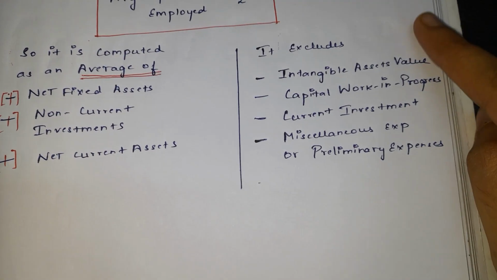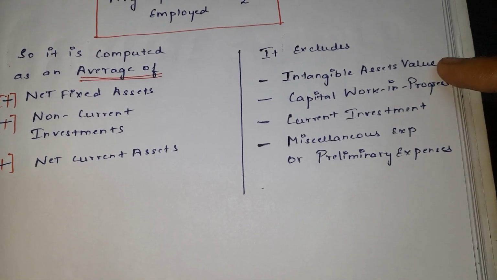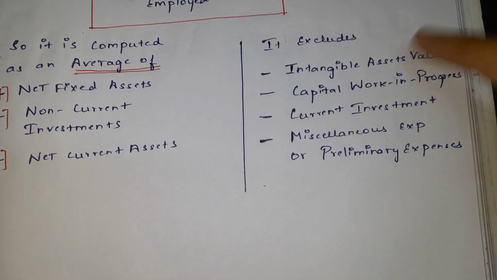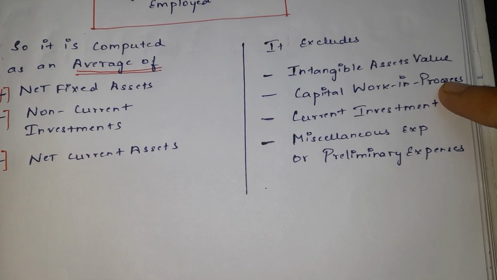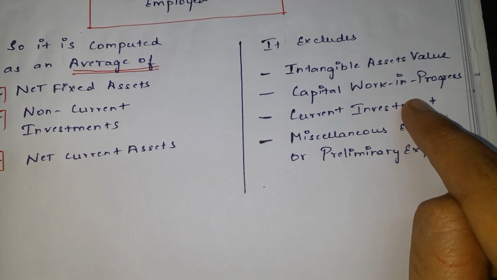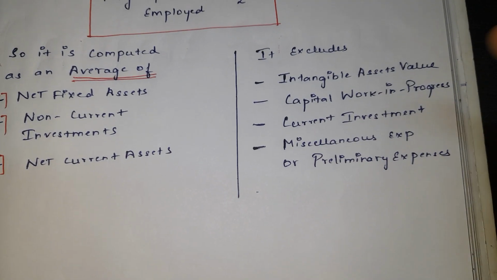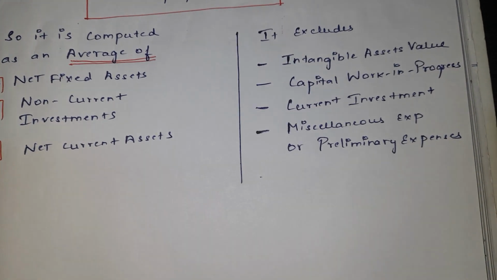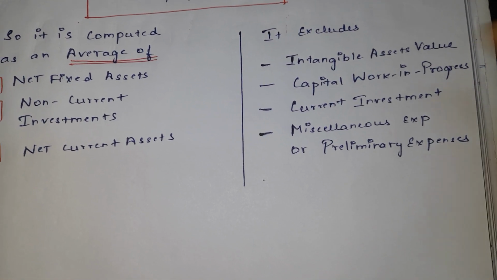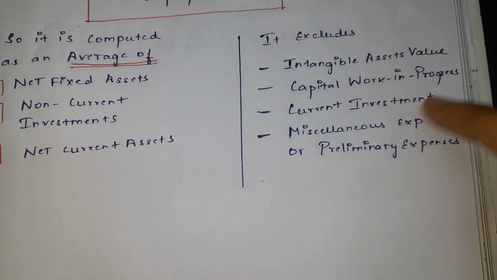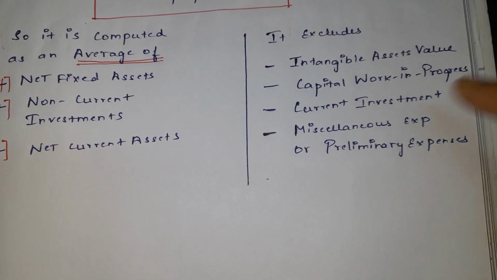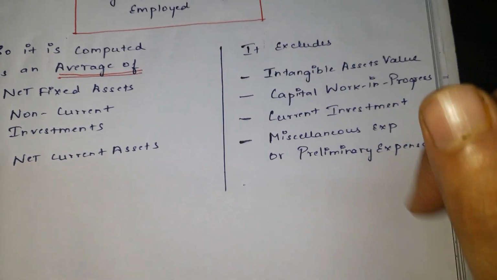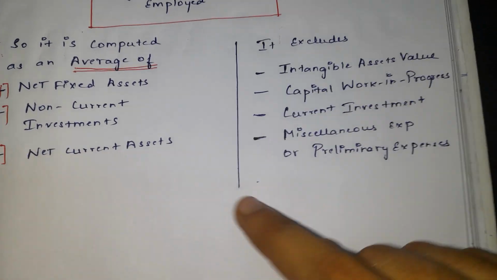I told you there are some points to be remembered when we approach capital employed questions. These are the items to be excluded. Intangible asset value, which is not helping my business run, so just exclude that. Capital work in progress, which is not fully utilized; such machine or equipment is not utilized for my operating activity, so it will be excluded. Current investment, invested in some other company, not in my business, so just eliminate that.